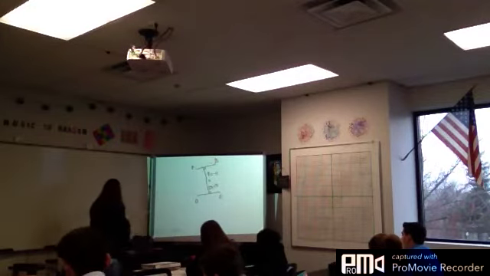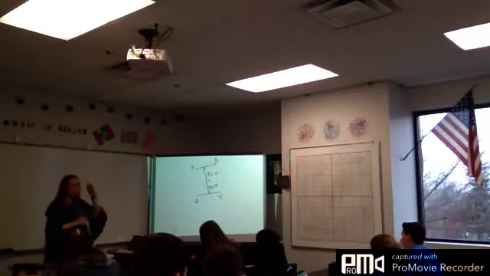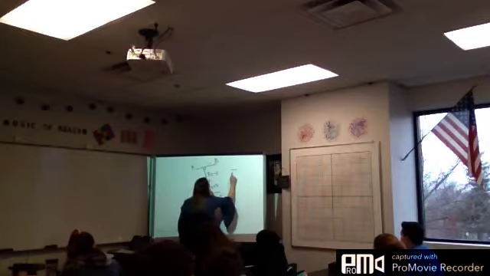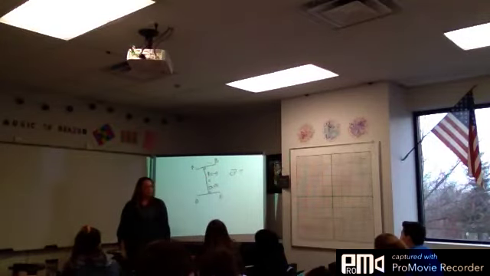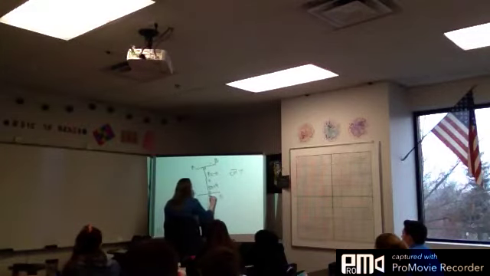Okay. How can I figure out what CF is? How can you figure out what segment CF is? Oh, I didn't put G and F down here. When you make a point, you have to have another point.